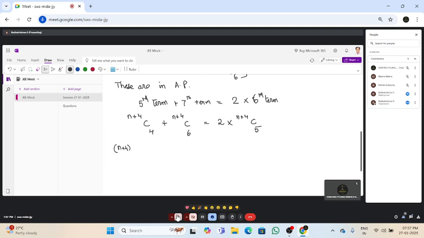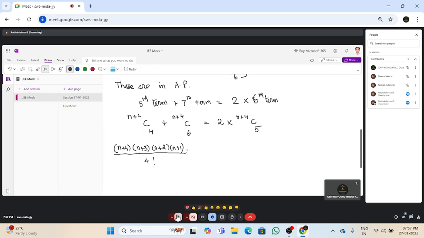n plus 4 C4னா n plus 4ல இருந்து ஆரம்பிச்சு 4 டேர்ம் எழுதணும். n plus 4க்கு அடுத்தது அதுக்கு next lower number. கீழே வந்து 4 ஃபேக்டோரியல் போடணும். இதுதான் NCR equal to n factorial by n minus r factorial into r factorial.